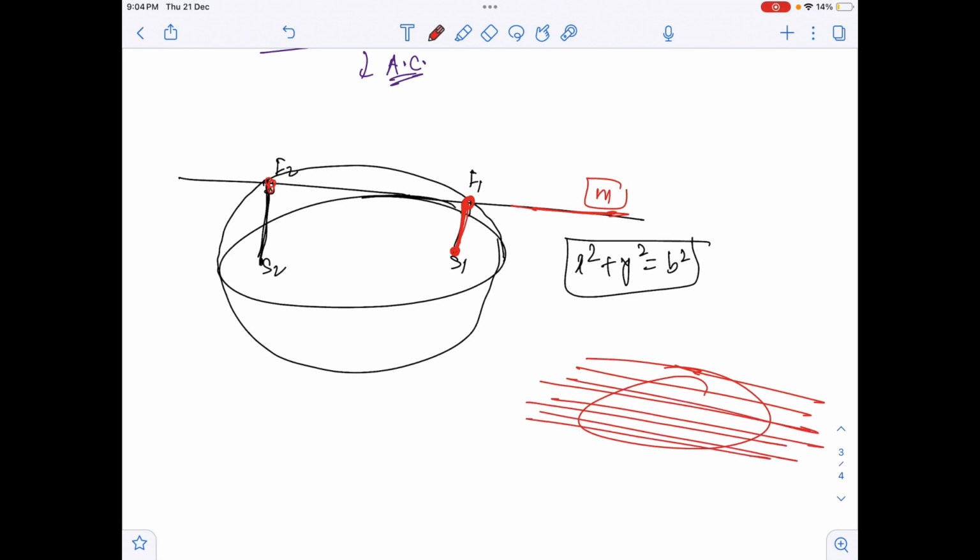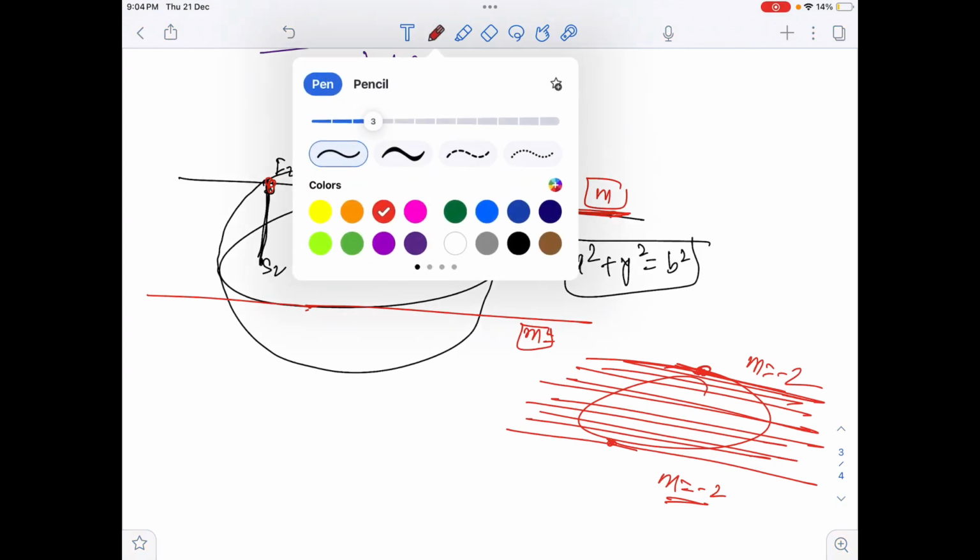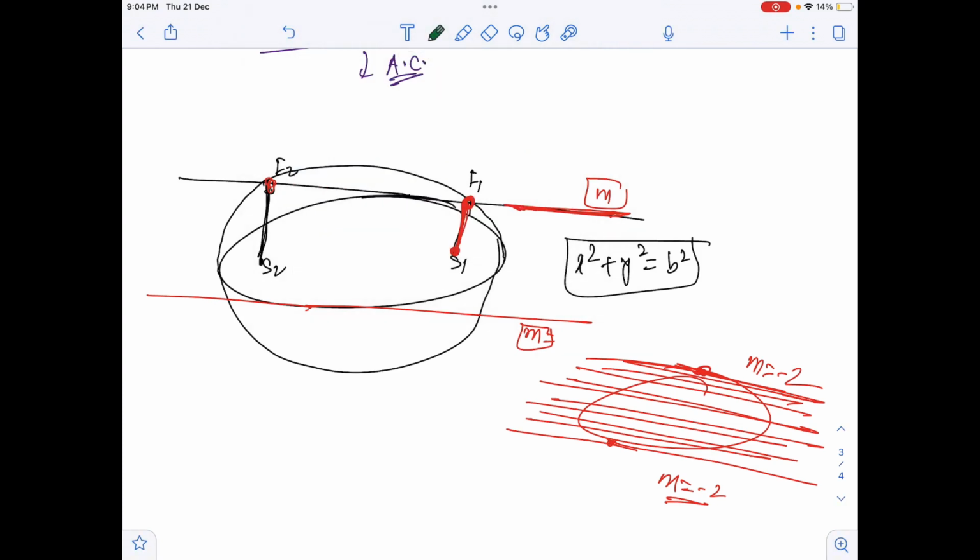So we have one tangent having, let's say, slope equals -2. Because for a given slope, we'll have exactly two tangents, right? So if this one has some slope m, we can clearly find another one on the ellipse having the same slope m. Make sense?